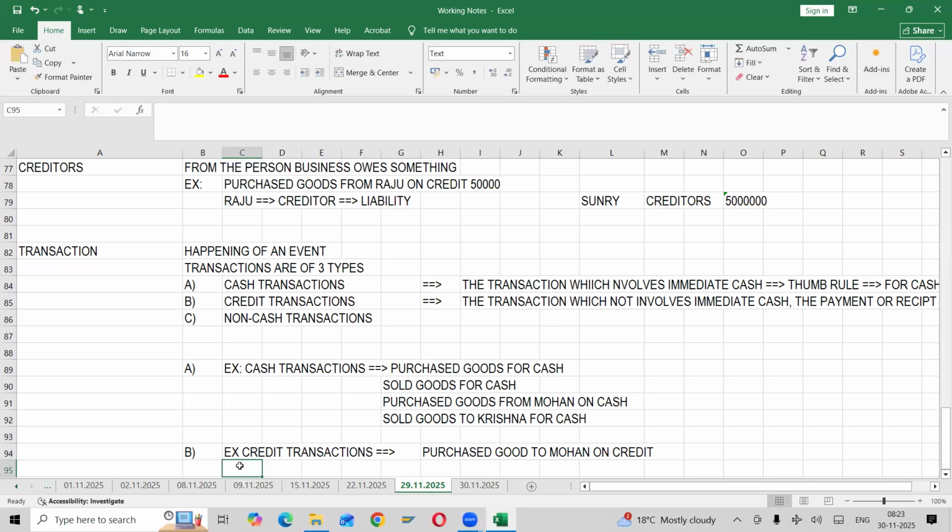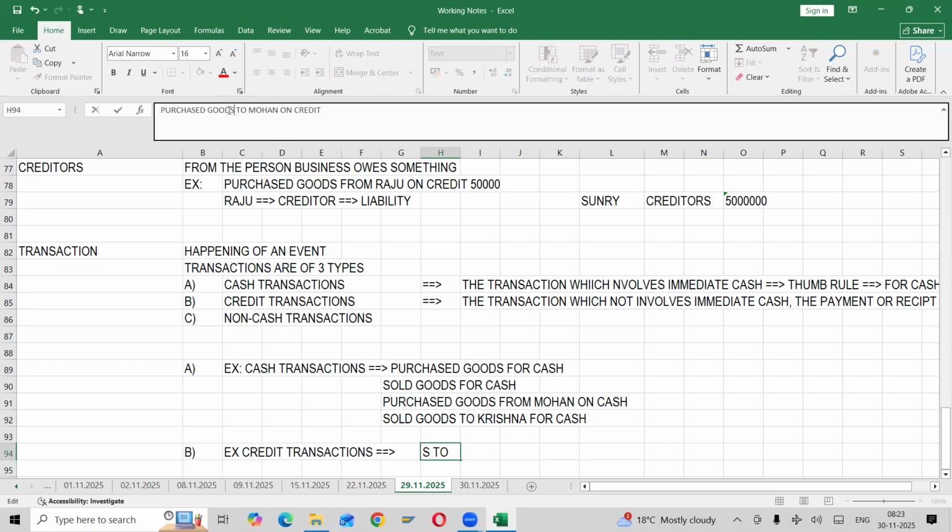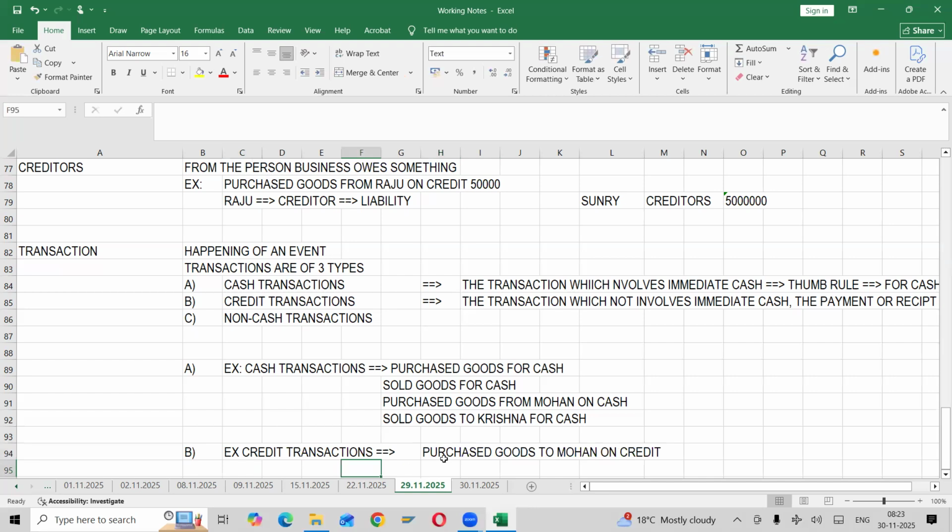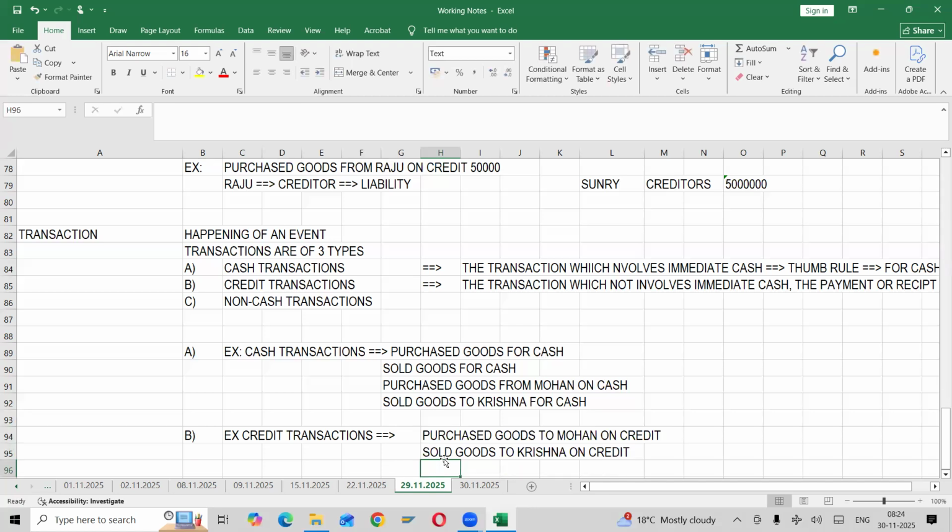So what do you mean by this? Simple. Credit is already mentioned. Is it a cash transaction or a credit transaction? Credit transaction. Credit, simple. Same thing, second transaction: sold goods to Krishna on credit. It is also a credit transaction.